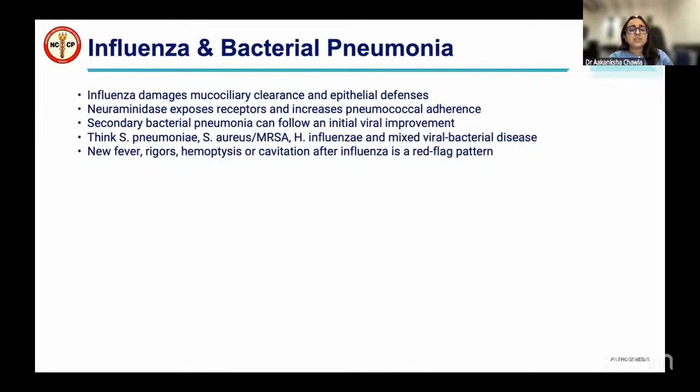So, when your patient has been treated for influenza, presents again in the hospital or in your OPD with symptoms like new fever, hemoptysis, or maybe a cavitation on the X-ray, think of infections with Streptococcus pneumoniae, staph, MRSA, as well as H influenzae. And you accordingly need to plan and manage these patients.